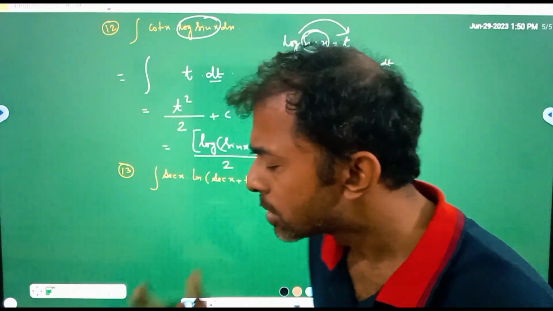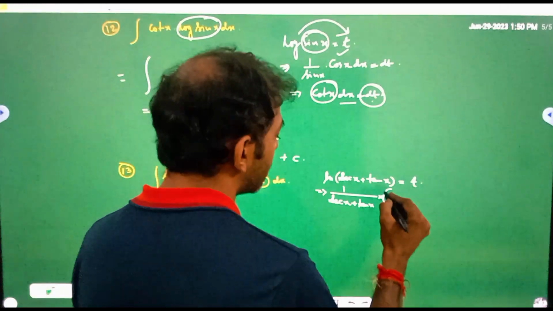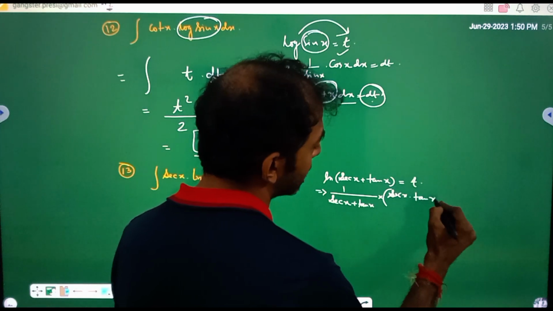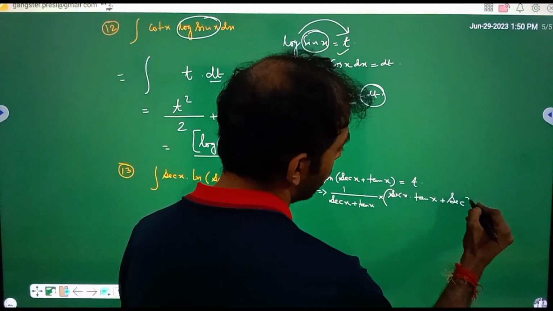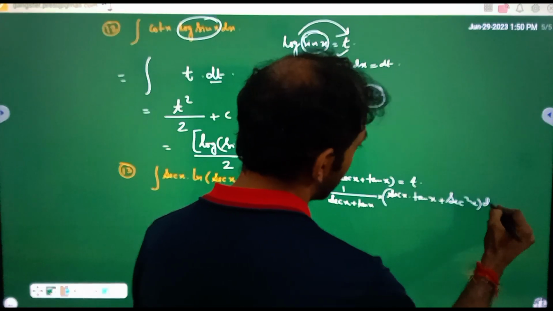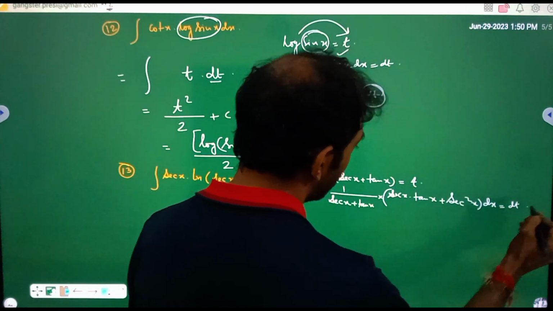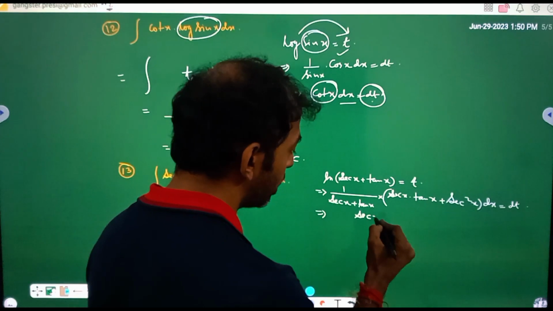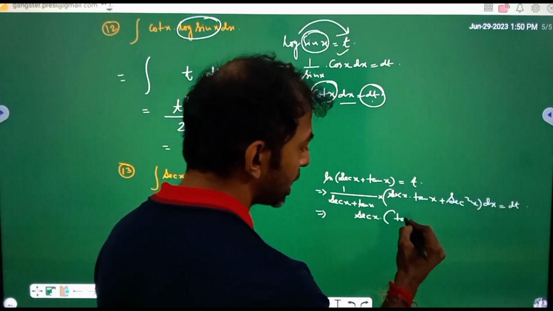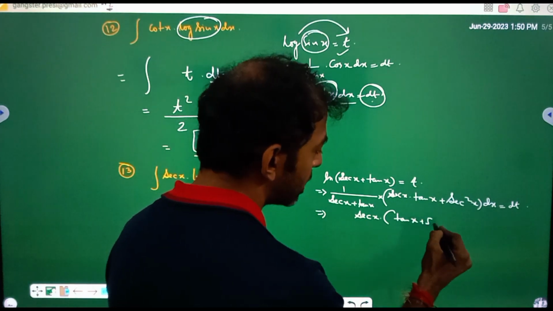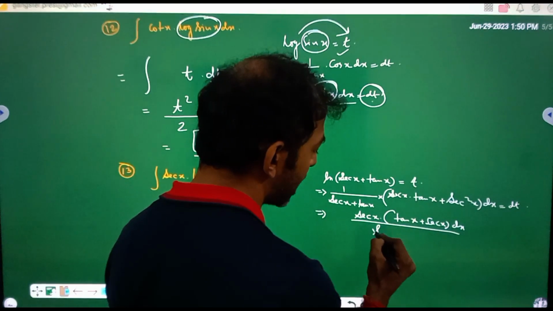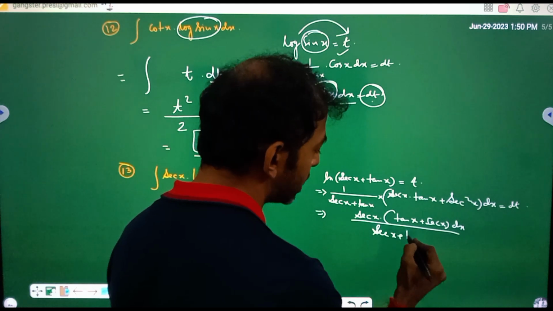So differentiation of sec x is sec x into tan x, and differentiation of tan x is sec square x. Now what's going to happen here? That's dx and that's dt. Now, if you take sec x as common, we'll get sec x into tan x plus sec x, dx by sec x plus tan x, and that's going to cancel each other.